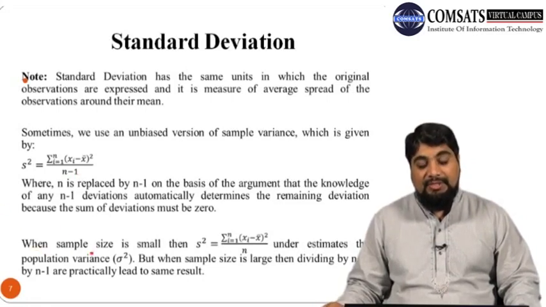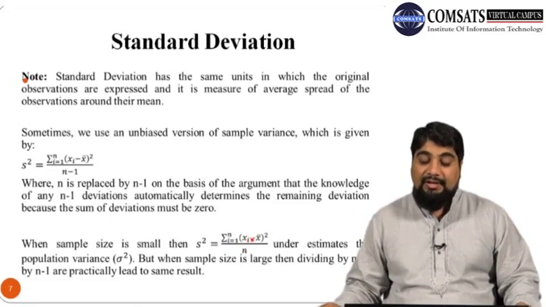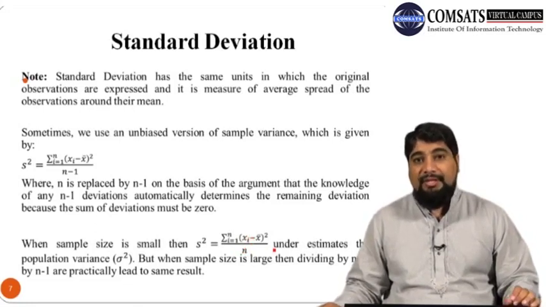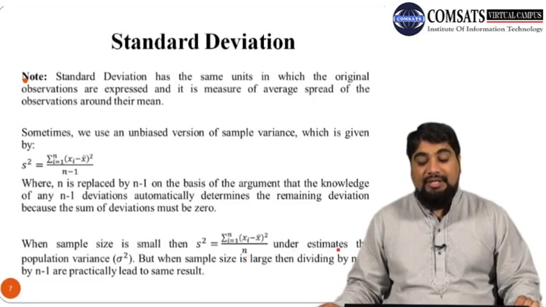But when sample size is small, using small n instead of n minus 1, the results will differ, and using n instead of n minus 1 will underestimate the population variance.